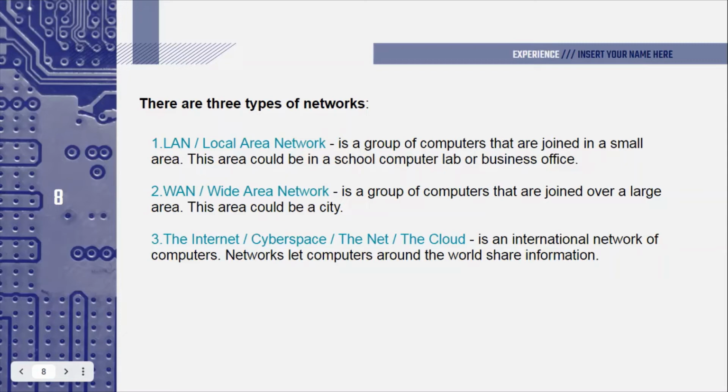The next one is the internet, the cyberspace. Sometimes we call it the net, or even the cloud. This is an international network of computers. Networks let computers around the world share information.